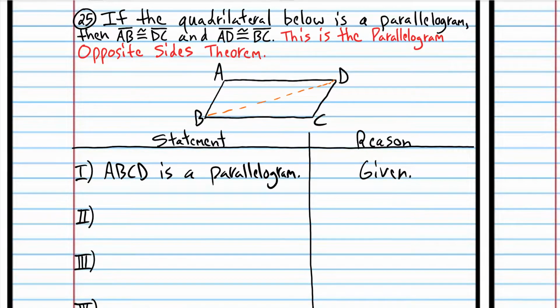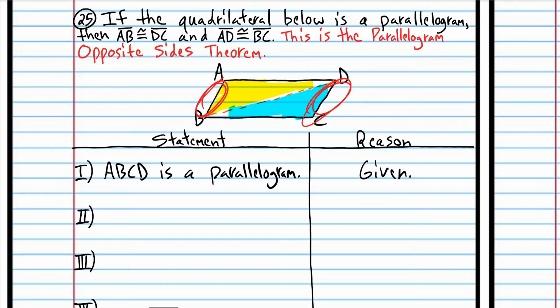We're then going to show that this triangle here is congruent to this triangle. And once we show that those two triangles are congruent, then we can say that corresponding parts are congruent. So this side is congruent to this side, and this side is congruent to this side. That's what we're trying to show.